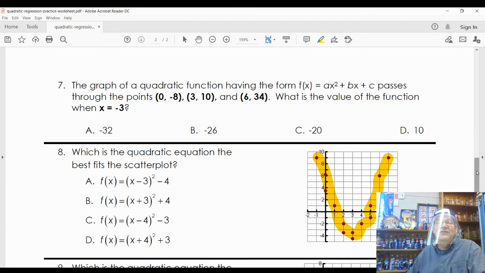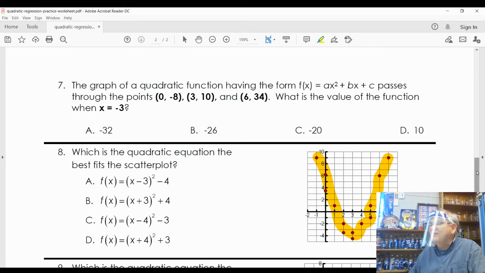Number 7, you can do basically the exact same thing. You can find an equation based on those, which happens to be 1/3 x squared plus 5x minus 8. And when you plug in -3, you get -20. So C would be the answer on that one.